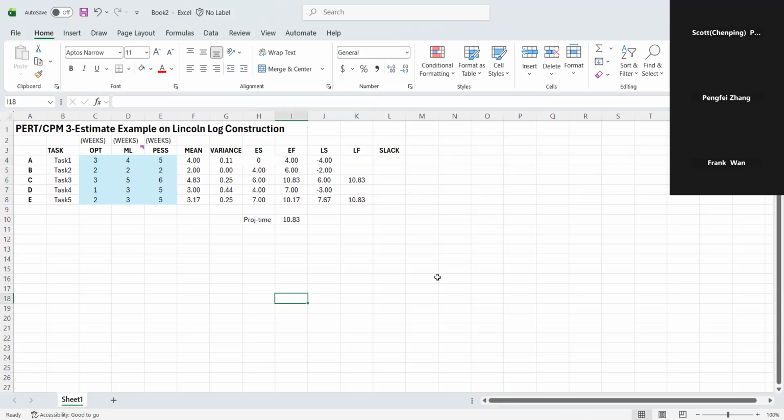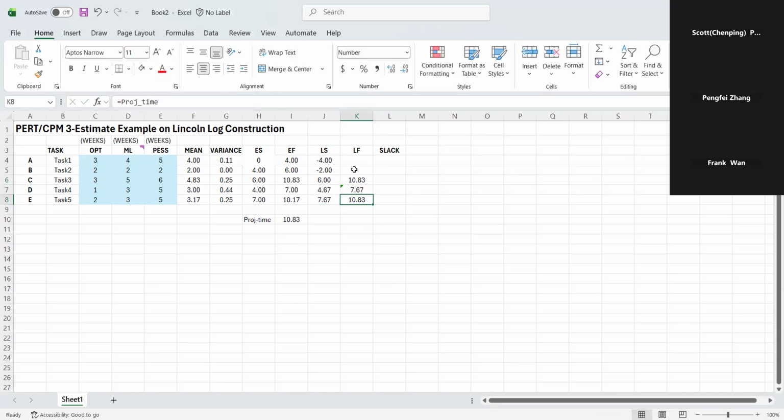Now let's work on task 4, activity D. D is right before E. So D's latest finish time needs to match the latest start time of E. Otherwise, if we postpone E, the whole project will be delayed.